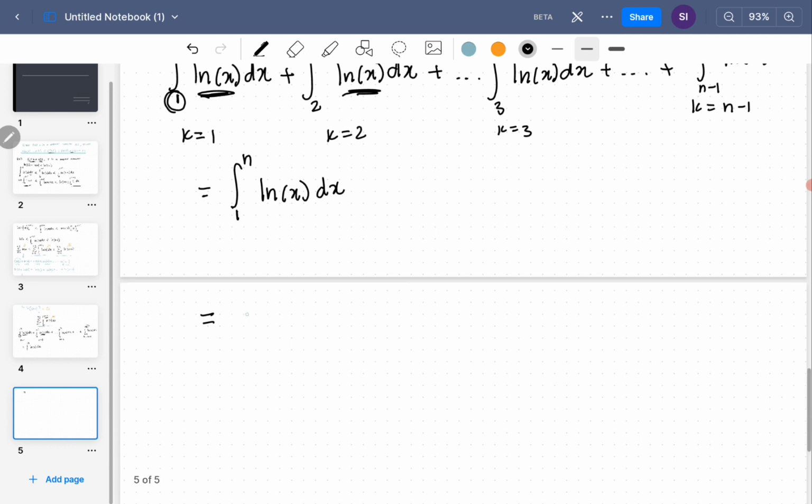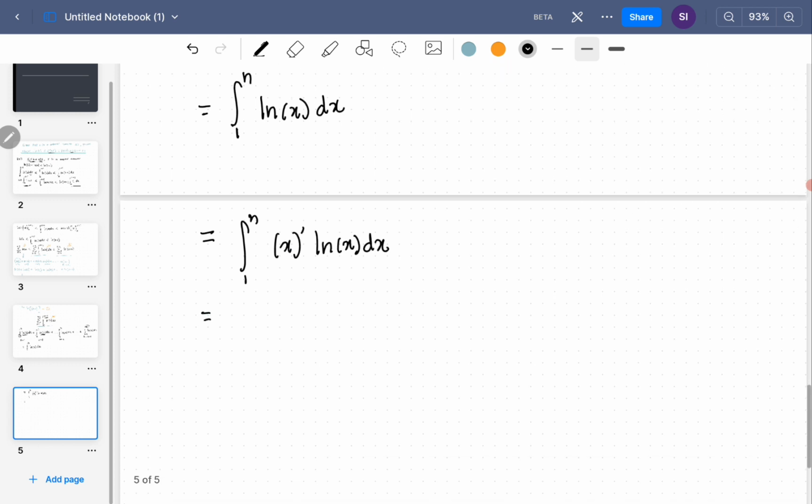So we're going to do integration by parts, 1 to n, natural log of x. And we're just going to solve it using integration by parts. If you don't know integration by parts, feel free to see my other videos. I go over how to do integration by parts, and it will really help when you're trying to solve this problem and prove the inequality we had in our question.